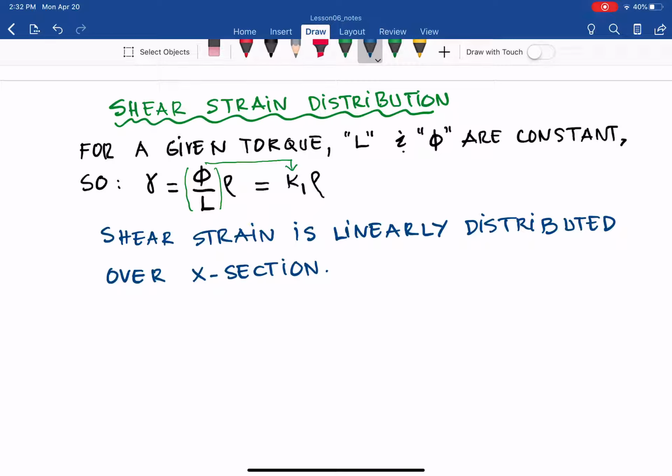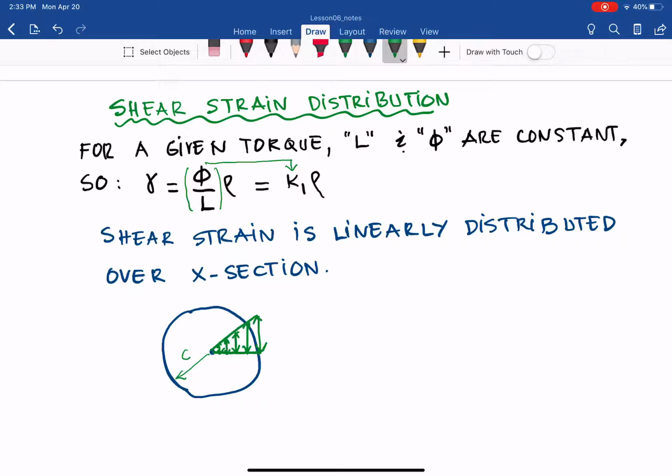If we have the cross section with the center there, ρ changes from 0 at the center to the whole radius, and γ is directly proportional to ρ. So the distribution is 0 at the center, and maximum at ρ equal to the radius of the cross section. Let me call the radius of the cross section C.